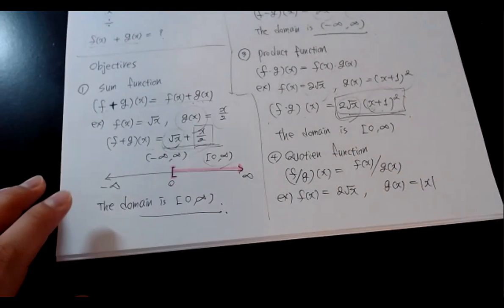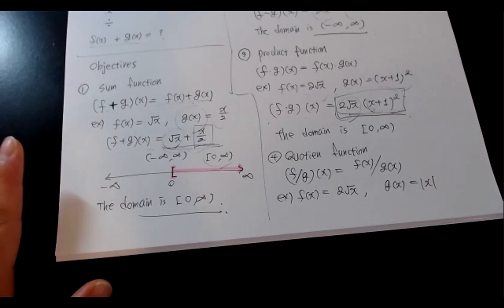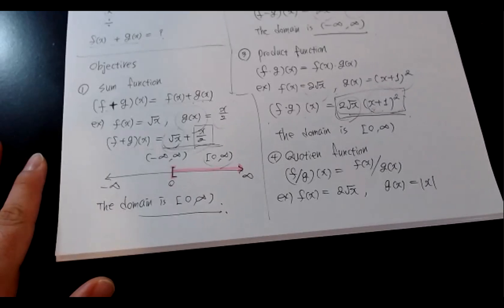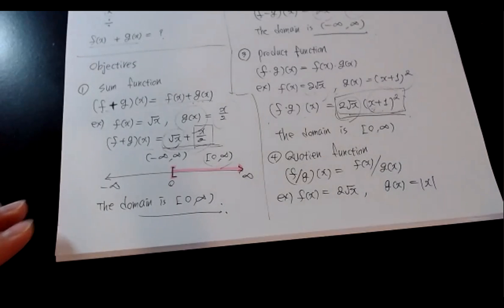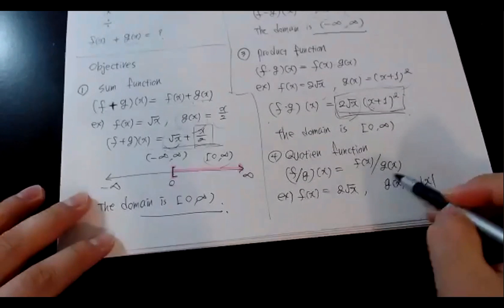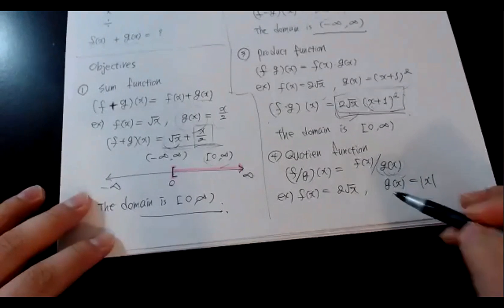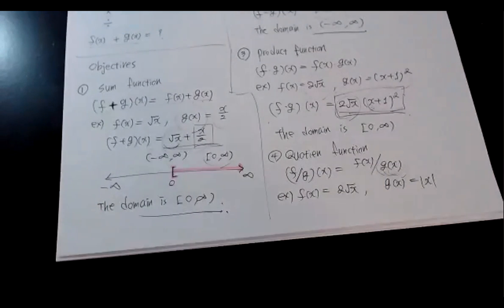Figuring out the equation of the quotient function is not a big deal. You just divide f by g. But the thing is, what about the domain? When you find the domain, just look at this: g of x is in the denominator. So we need to find the x where g of x equals 0.